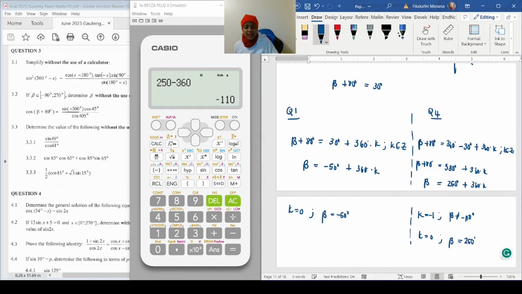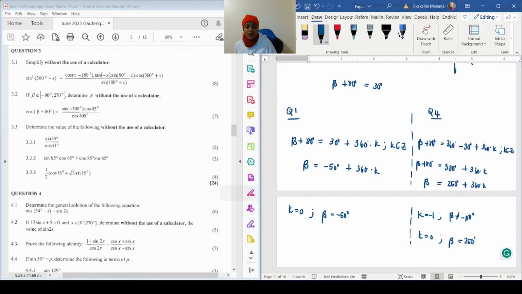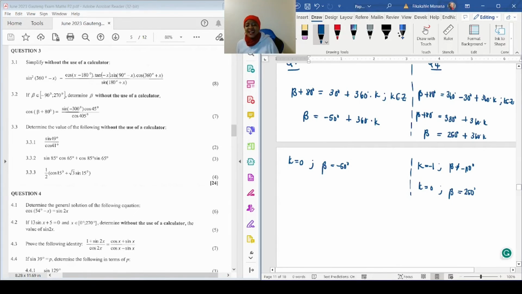That is within the domain. Yes, it is. But if I were to have k equal to 1, it'll definitely be outside of the domain. So we have our answers. What are the values for beta? Oh, they said without using the calculator. Okay, guys, we could have done those calculations, honestly, without the use of the calculator. So beta is ultimately negative 50 degrees and 250 degrees.